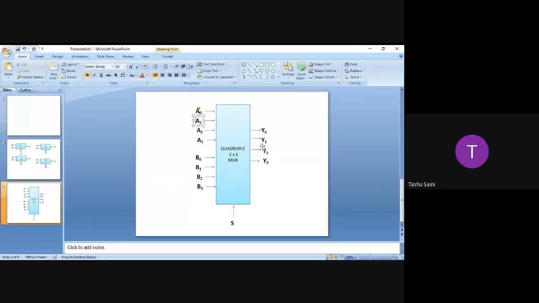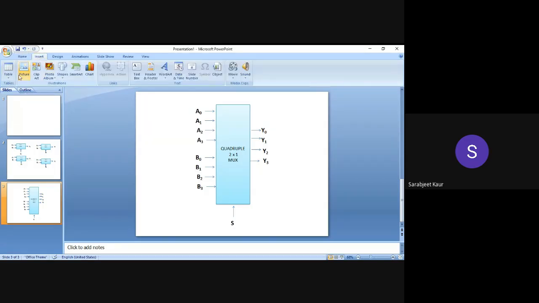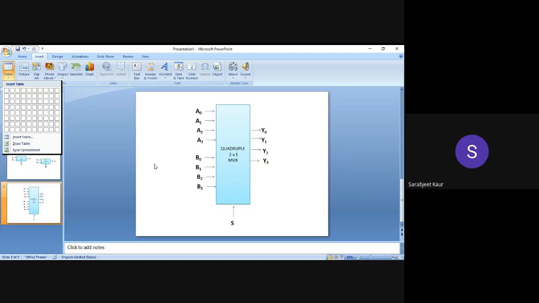So in this quadruple 2 cross 1 mux, what should happen is that when I put S is equal to 0, let me just write it down for you to show you.